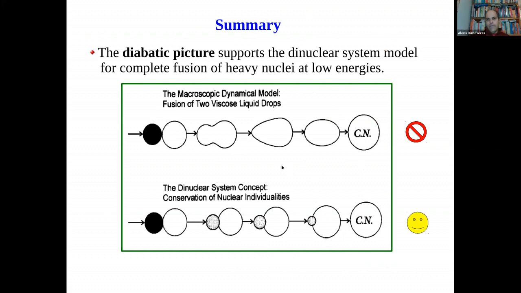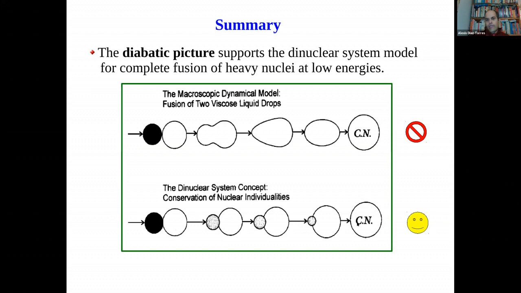And as a result of this diabatic motion, I talked to you about two competing fusion pathways of evolution of a dinuclear system from this touching configuration to the spherical compound nucleus. The system can go through elongation in lambda, like two melting liquid drops, or the system can exchange mass, and the bigger fragment can somehow eat the little one.